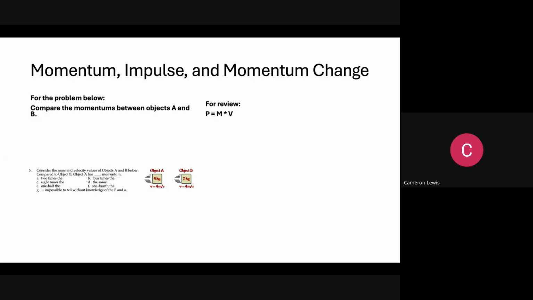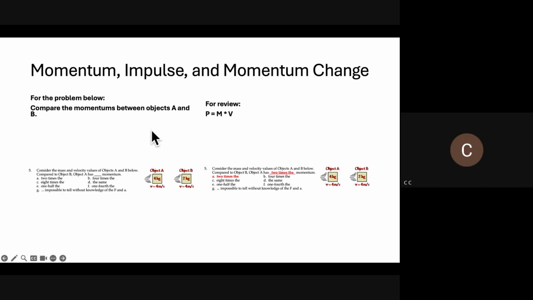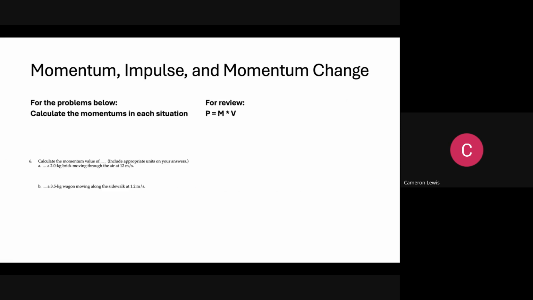Momentum is equal to mass times velocity. Our velocities are the same, both 4. So the only thing that's different is the masses, by a factor of 2. So the momentum will also be different by a factor of 2. See how that works? So the answer is A, 2 times.